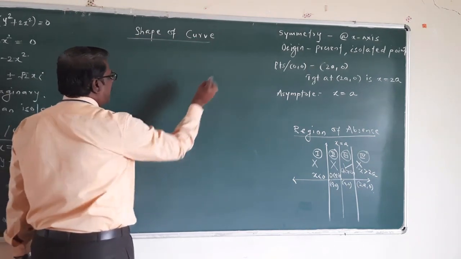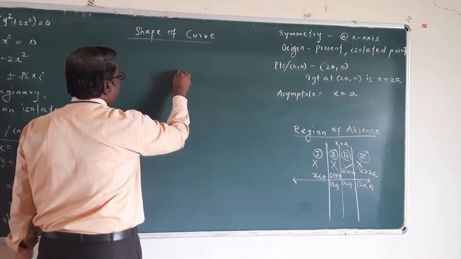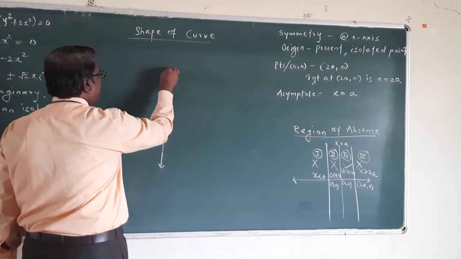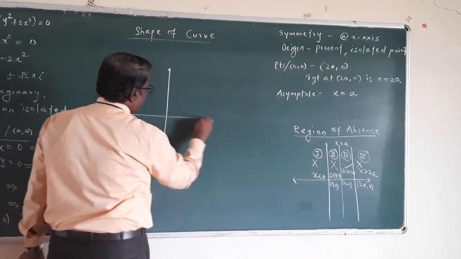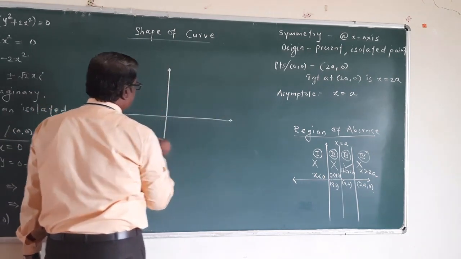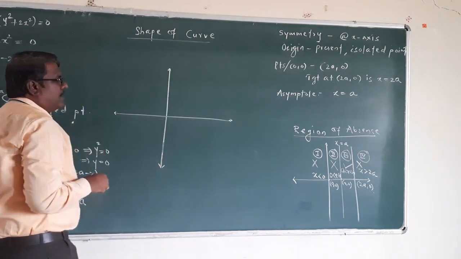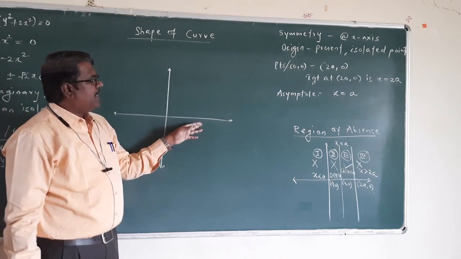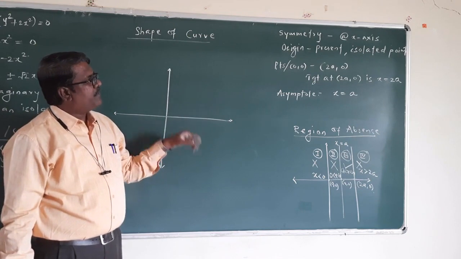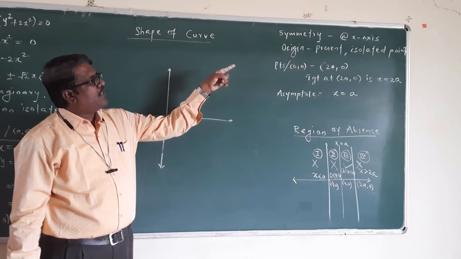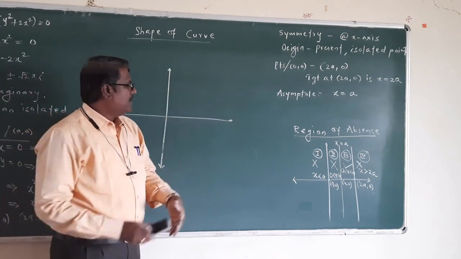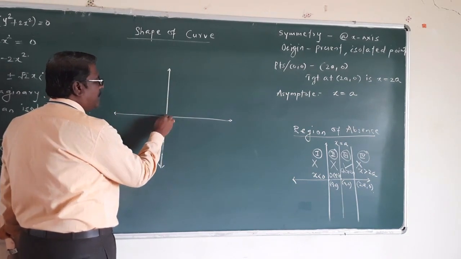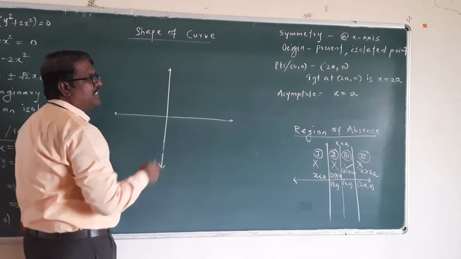Now, while tracing the curve, first draw the coordinate system, x-axis and y-axis. The first point, symmetry, we will see at the last after tracing the curve. The second point is the curve passes through the origin. So the origin is present on the curve, but at the origin, what is the tangent?